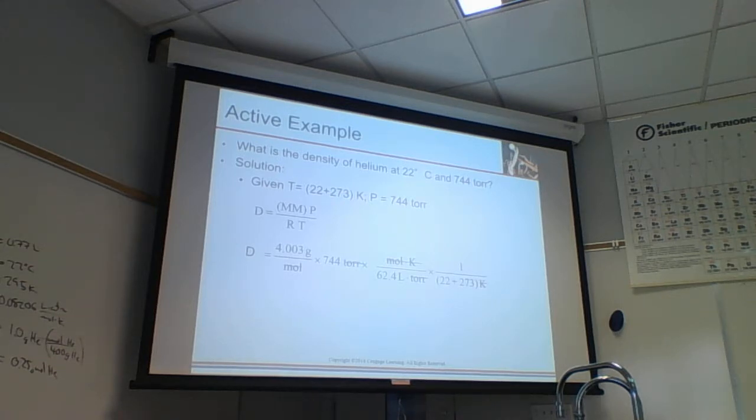And so your book asks you to remember this. This is liters times torr per mole times Kelvin. In the book it lists it as equal to 62.4 liters torr per mole Kelvin. And so the 62.4 came from the book.